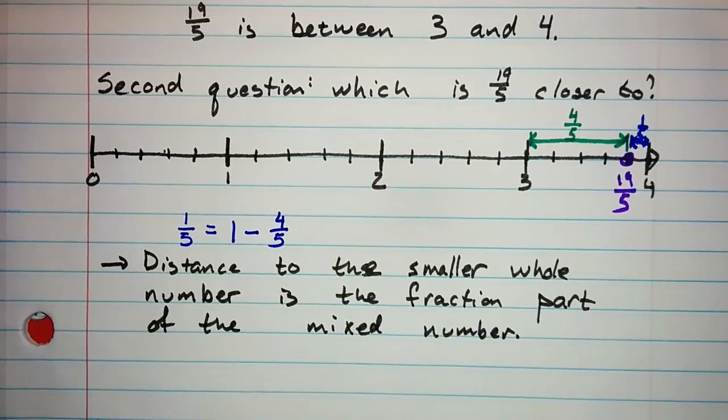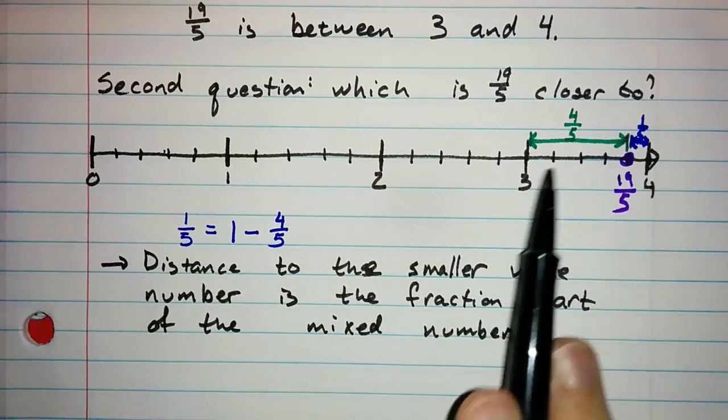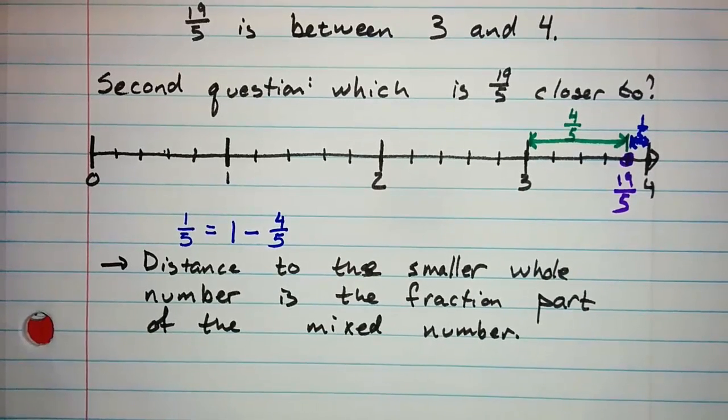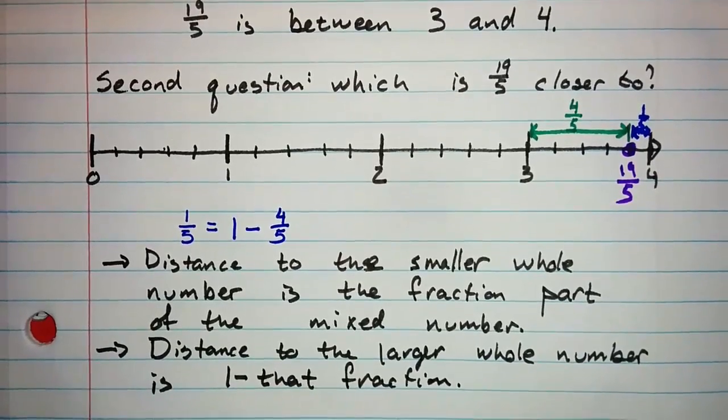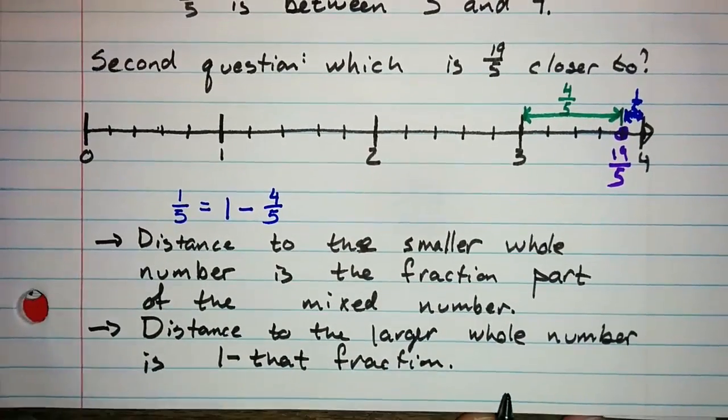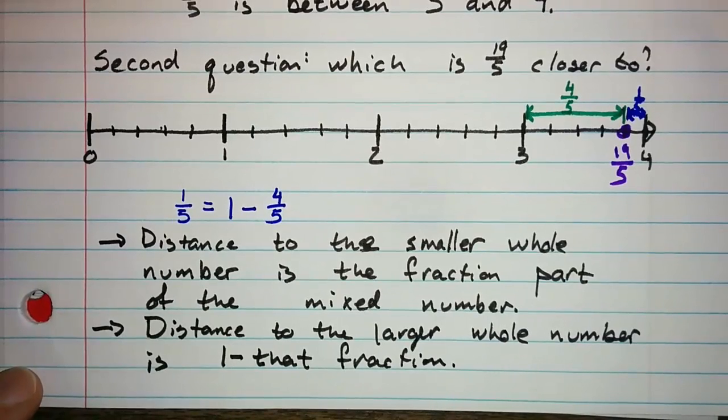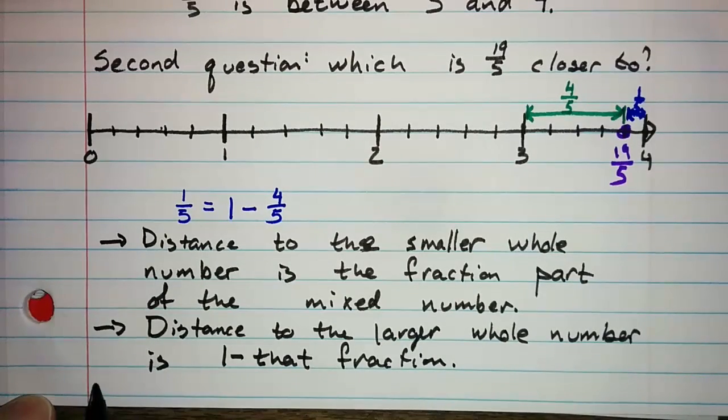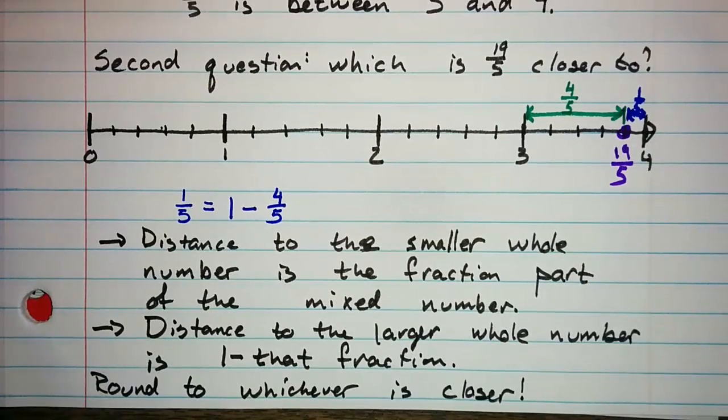And the distance to the larger whole number is 1 minus that fraction. So to round to the nearest whole number, we see which of those is less, and round to whichever one is closer. And in this way, we can avoid drawing the picture and seeing what we're closer to. And we can also deal with cases where maybe it's not as easy to spot.